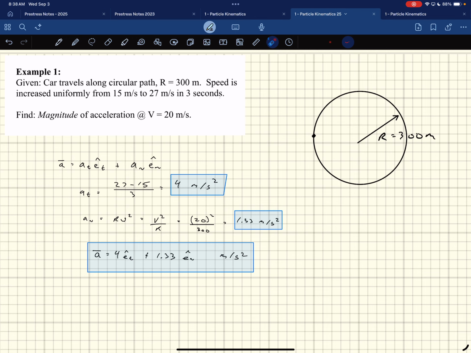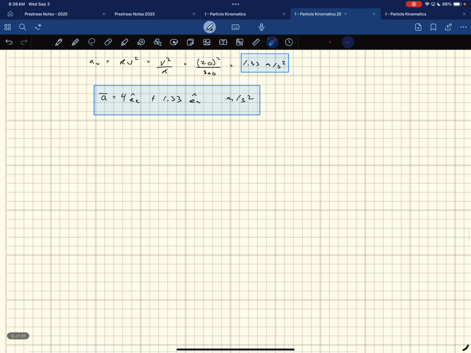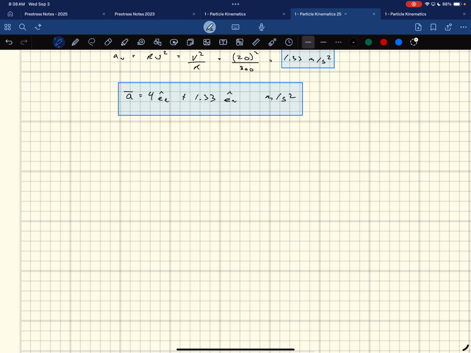Square root of the sum of the squares. You often see magnitudes written mathematically with bars on the side, and that would be the square root of 4 squared plus 1.33 squared, which is 4.22 meters per second squared. There's my answer.